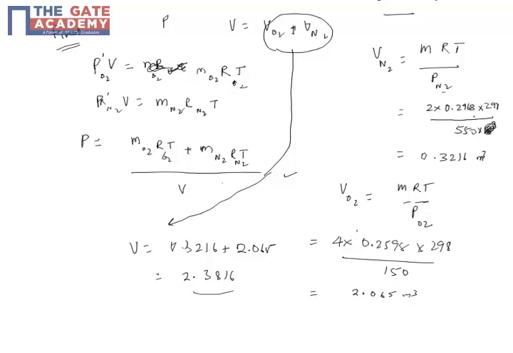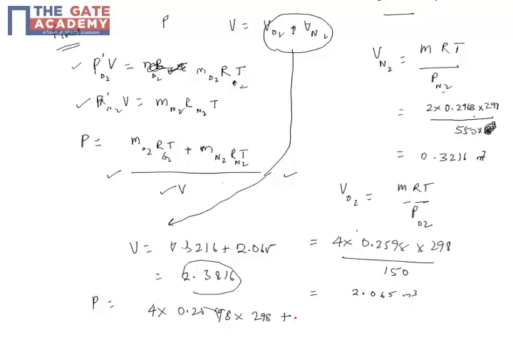Now when I substitute this value here for the total pressure, remember that for the final state we have written the ideal gas equation for O2 and N2 individually. Each gas now occupies the total volume, and we get the partial pressure for each gas, and then we sum them up to get the total pressure. So, the same thing: mO2 is again 4 kg, R is 0.2598, and the final mixture temperature is again 298.